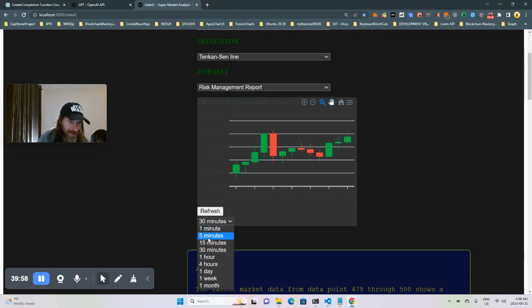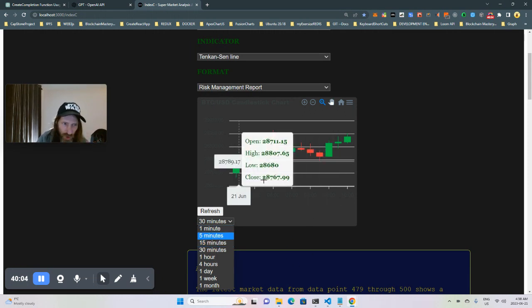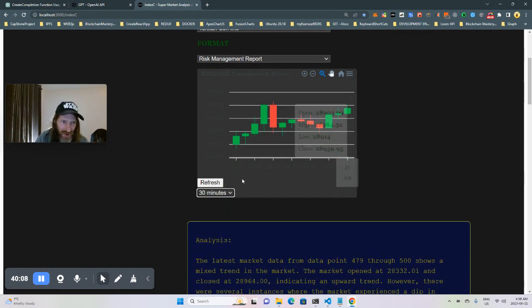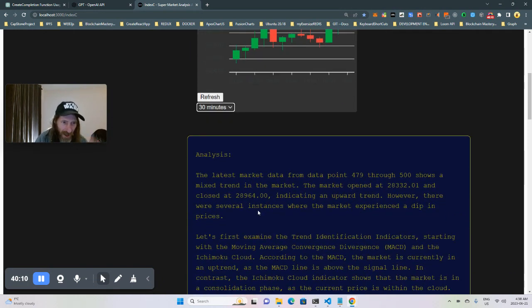You can check Ether at 1 hour, Ether at 15 minutes, then swap to Dogecoin, check it in minutes, and just scroll and get a report. Bang.